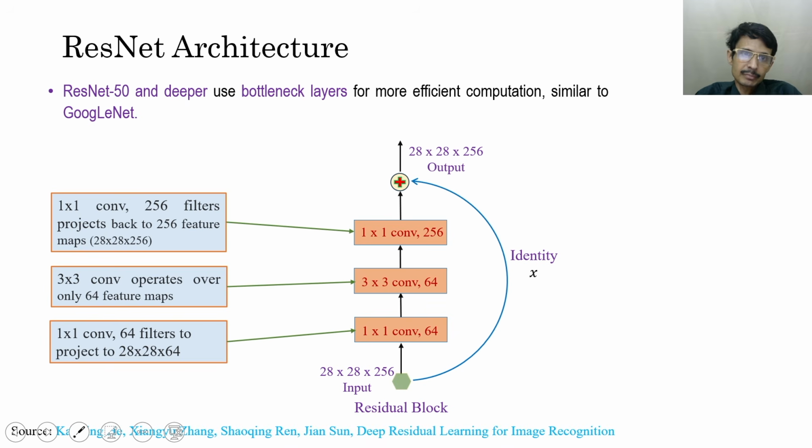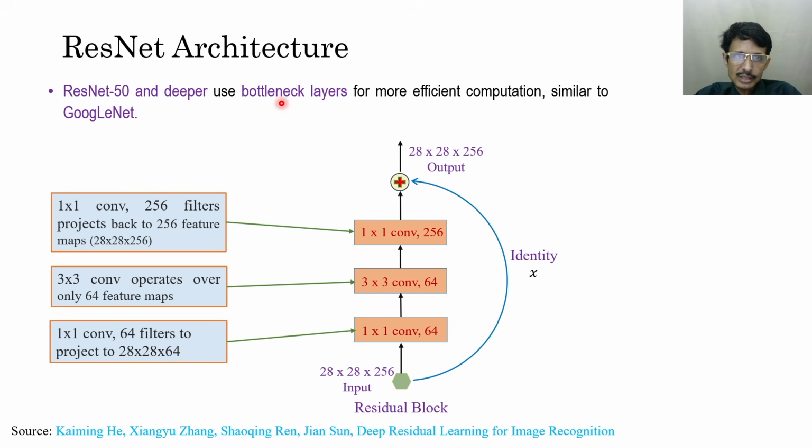So here ResNet 50 and deeper use bottleneck layers for more efficient computation, similar to GoogleNet. You can see here the 1x1 convolution projects to 256 maps. This is a residual block, and this is the bottleneck layer. The 3x3 operates over only 64 feature maps, and the 1x1 convolution filters project 64 back up.